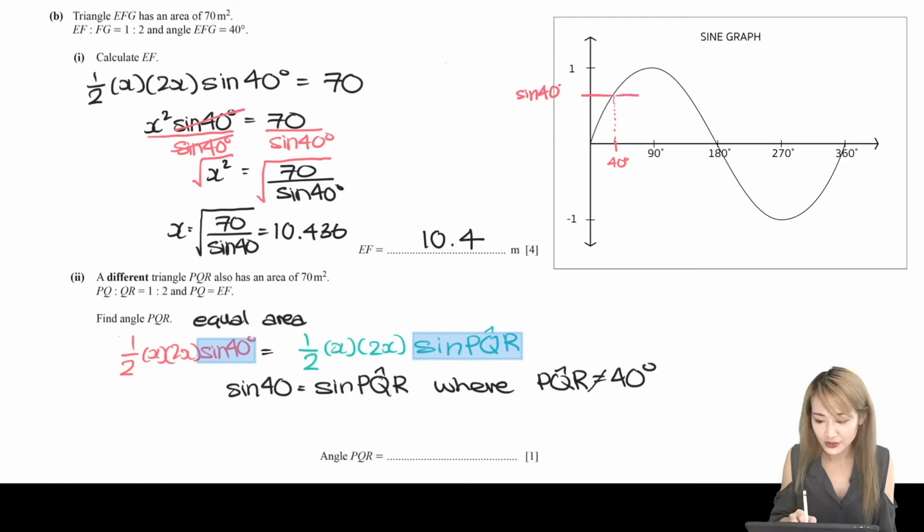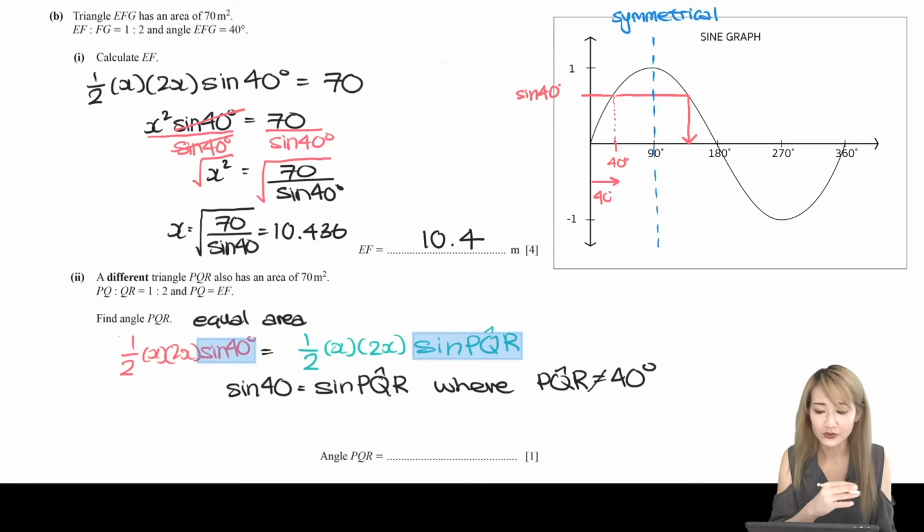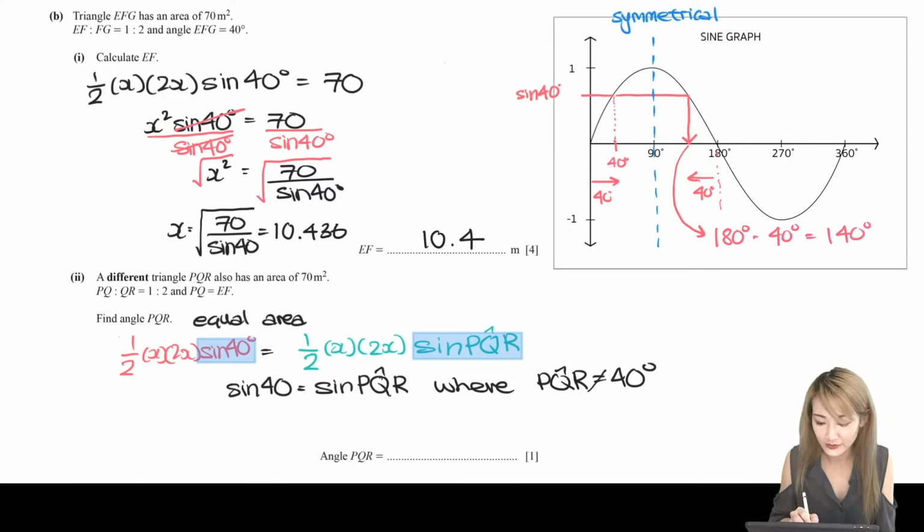So if we draw a straight line across there, it hits the sine graph again over here. And the sine graph is symmetrical around 90 degrees. So this means that that angle, if 40 is 40 from 0, then that angle must be 40 from 180 degrees. So that angle must be 180 minus 40, so that angle is 140.